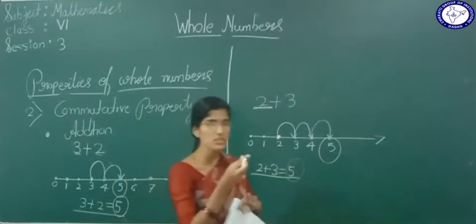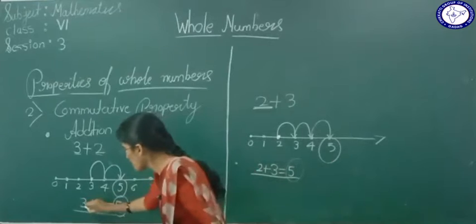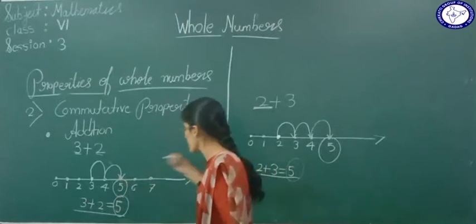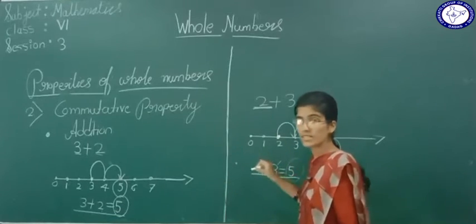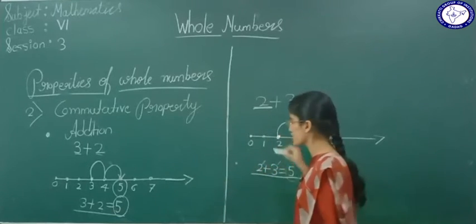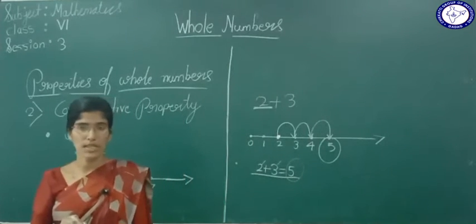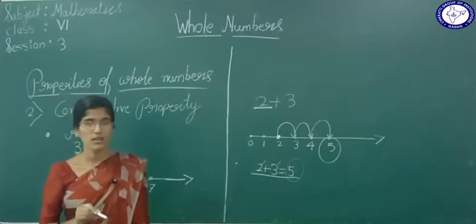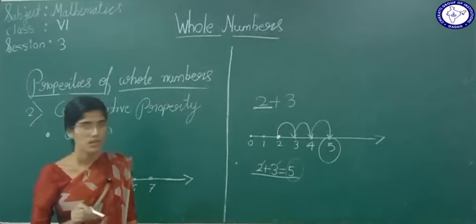If we change the position of the numbers, the answer is also the same. There 5, here also 5. This is nothing but the commutative property. Addition is commutative for whole numbers.